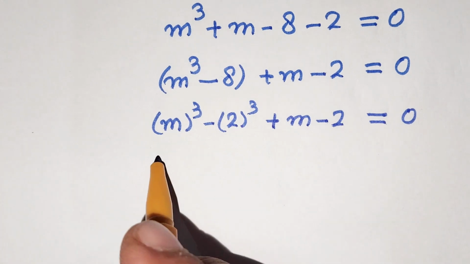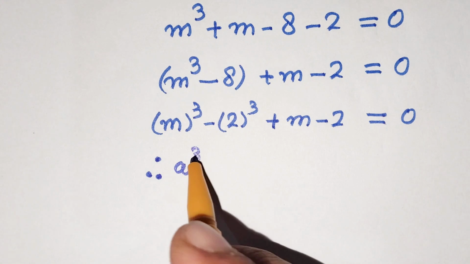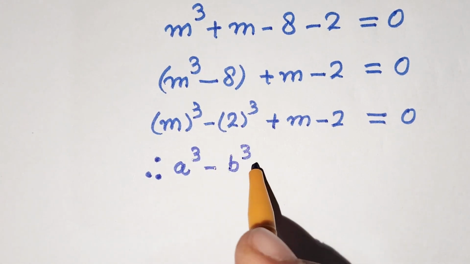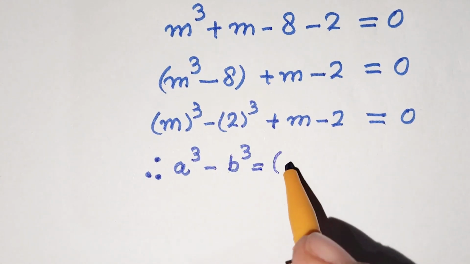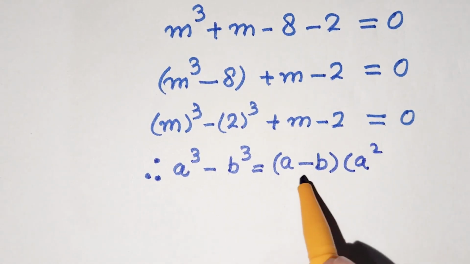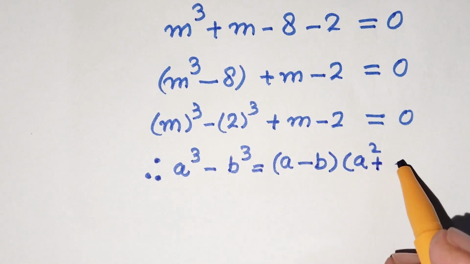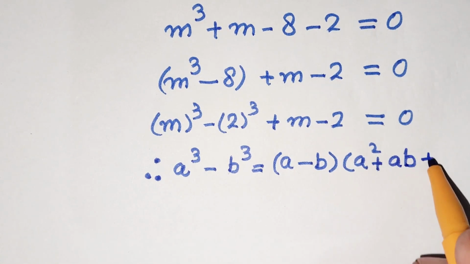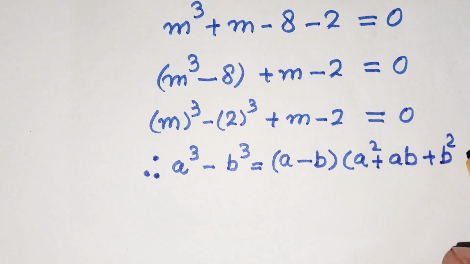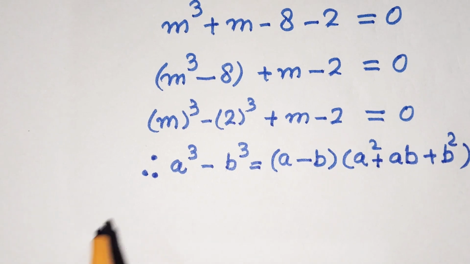Now we know by the algebraic formula that if we have a³ − b³, then we can write it as (a − b)(a² + ab + b²). So now we are going to use this formula in this equation.